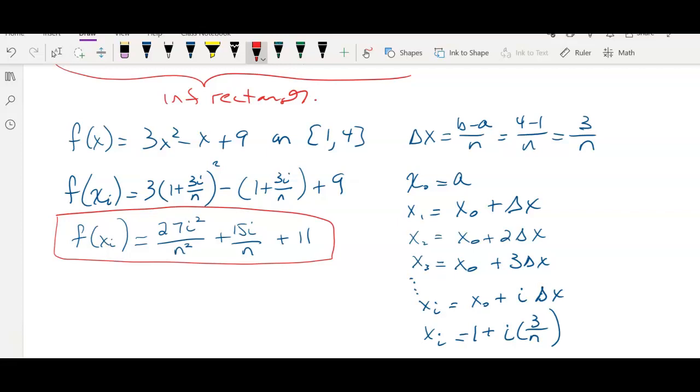Okay? After all the algebra magic. Now I can go, and I'm going to plug everything into my limit formula. So you have to just trust me on the algebra magic. It's, again, something you are capable of doing.